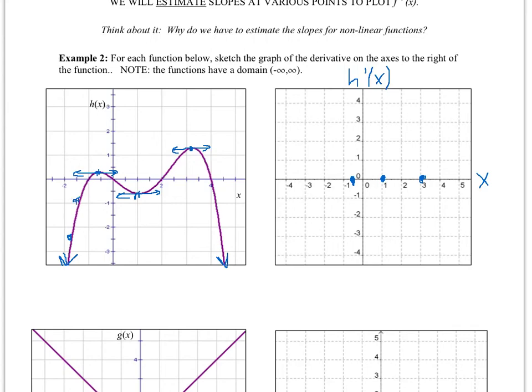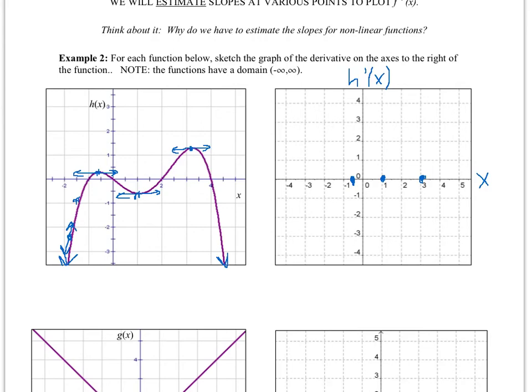Okay, so I'm going to pick 2 points to the left of that first one at x equals negative 1/2. So it looks like about negative 1.7. If I draw a tangent line in here, that's a very big positive number. Maybe like, I don't know, a 6, 7, 8, something like that.